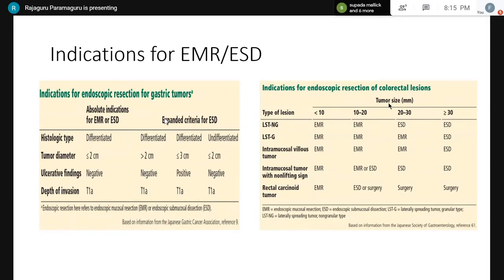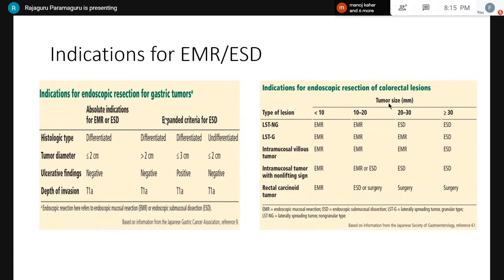So the polyp or the lesion on the whole is cut out from the submucosa, and a good amount of submucosa will be taken along with the lesion. In endoscopic mucosal resection, the lesion is going to be dissected out, which is going to have the base with the muscularis mucosae or a little bit amount of the submucosa.